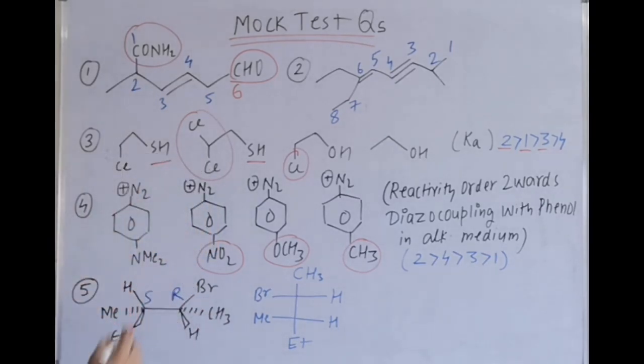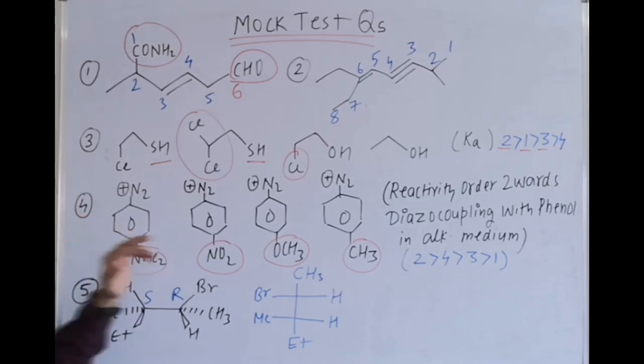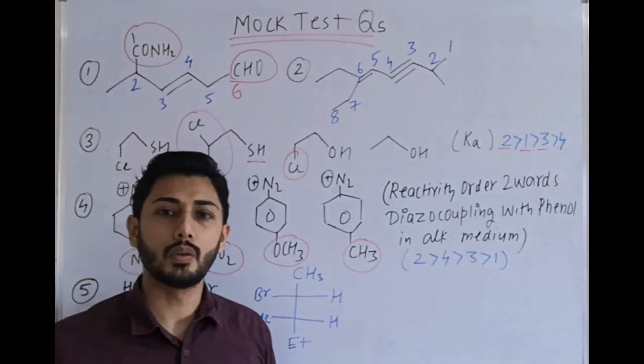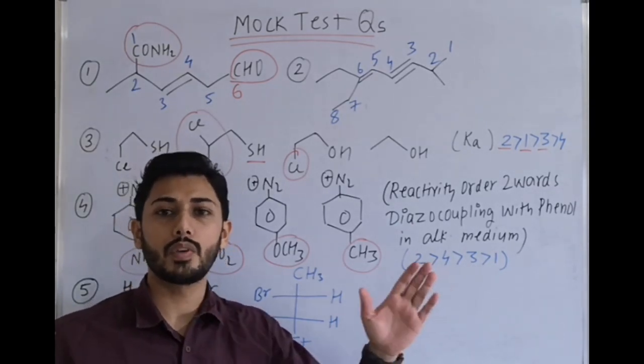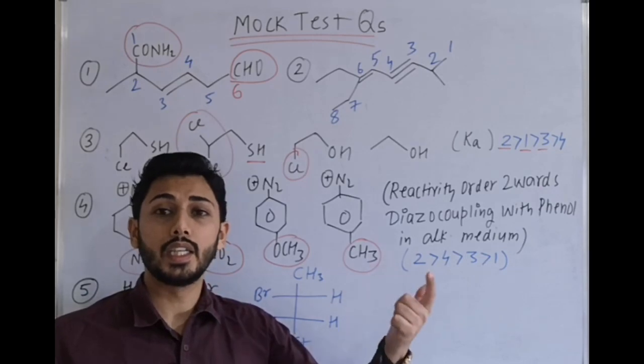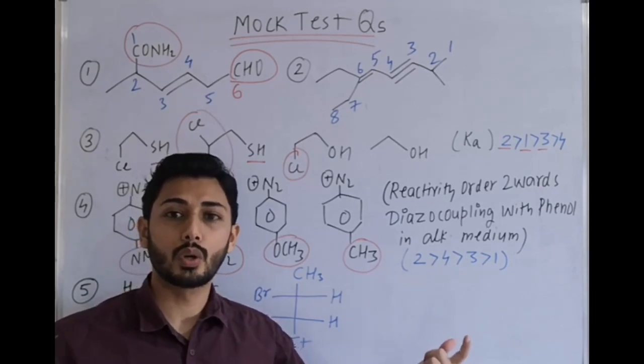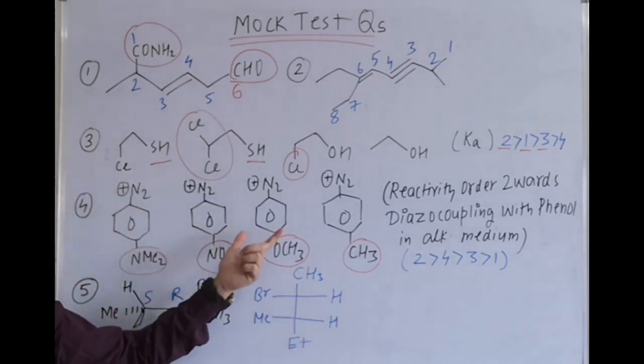And the most activating among them is NMe2, that is the NR2 group. So it is the most electron releasing group, so the electrophile will be least reactive towards diazo coupling reaction. Okay, so here the point we use is that the rate of reaction increases as electron withdrawing groups increase on the diazonium salt.